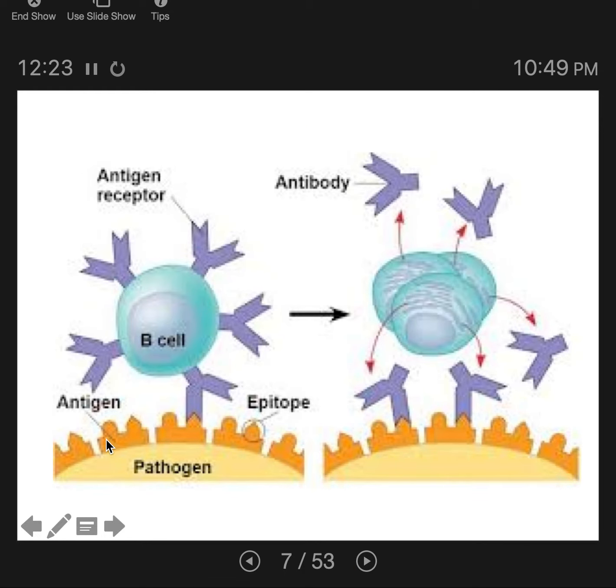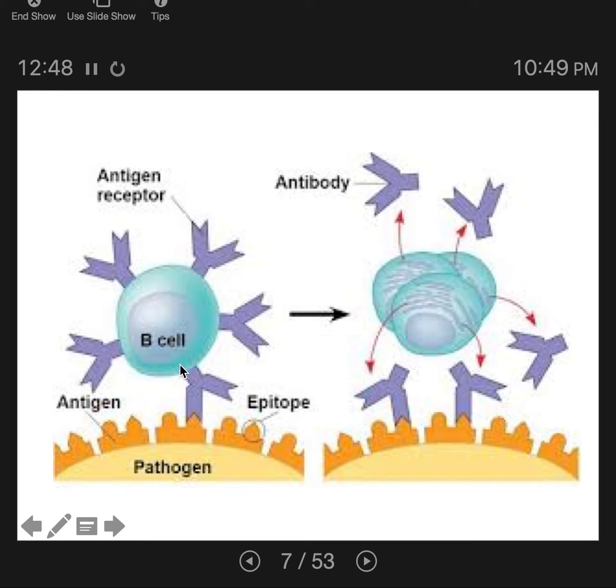So here's a diagram to help understand all that. So here in yellow you have a pathogen, and then on the surface of this pathogen you have antigens in dark yellow. So this full large molecule, that's an antigen, and you can see that they surround the pathogen all over the cell surface. This little piece here, this little binding site on the antigen is called the epitope.